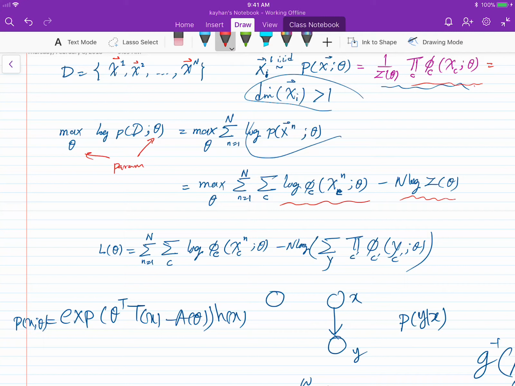I'm not even assuming that each of these cliques has its own parameters. For now, we are not doing anything. We just do maximum likelihood estimation, take a log and expand it. That's it. So we have a term that decomposes over the cliques, but we have a normalizer that is shared. And that is the troublemaker.